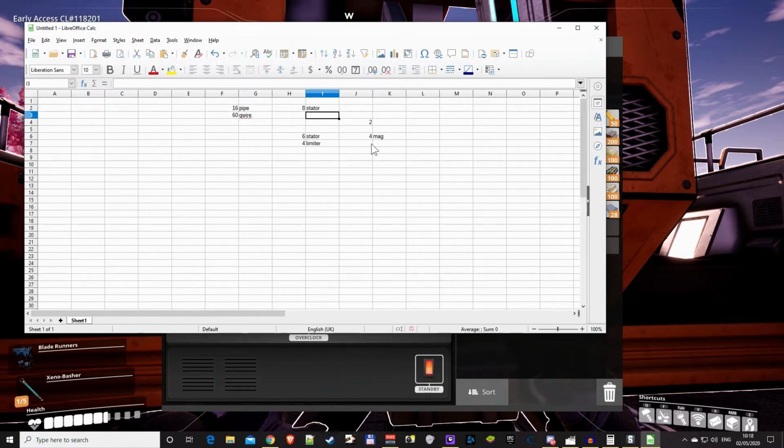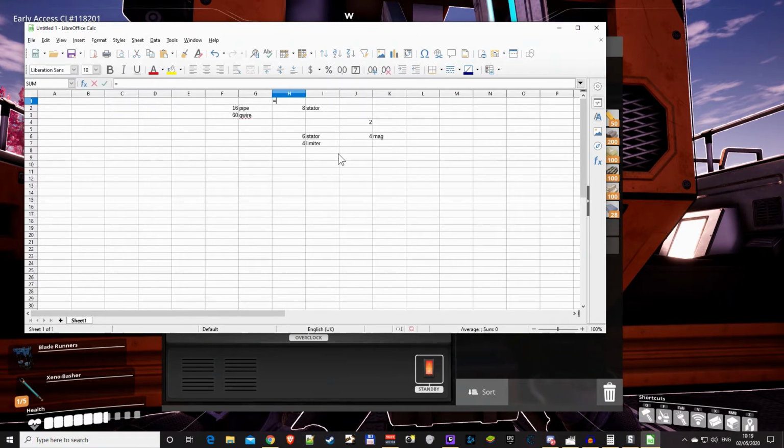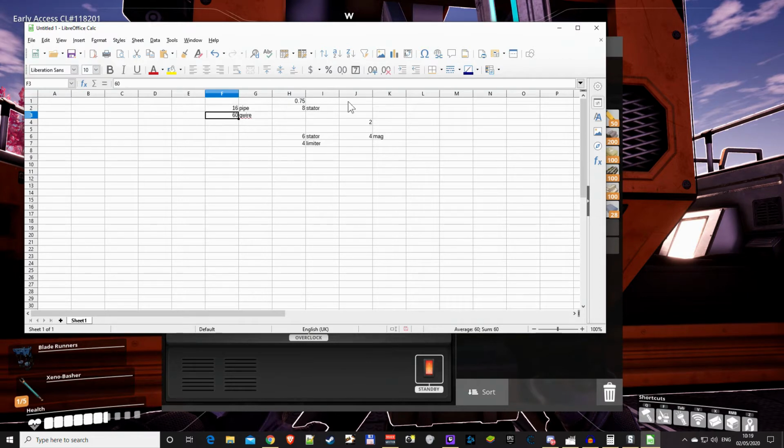So the ratio you would find, or the multiplier, is 4 divided by 8. No, 6 divided by 8. That would be multiplier number 1, the down multiplier. And then to increase the production we would take 0.75 times 2 and times this number to find out.